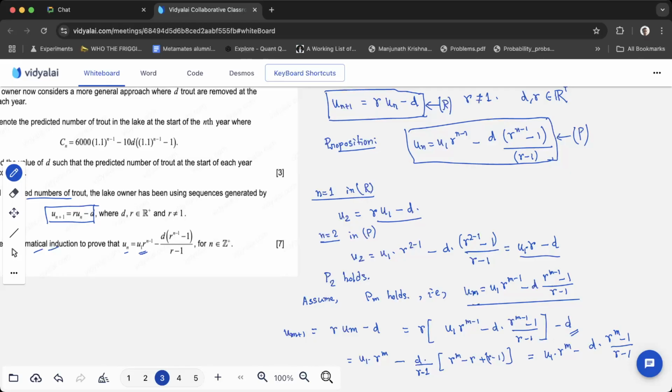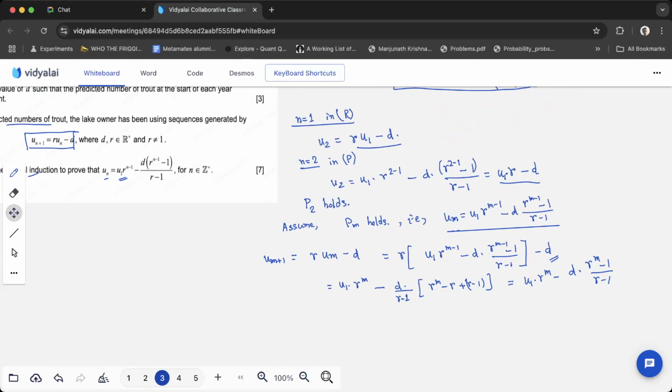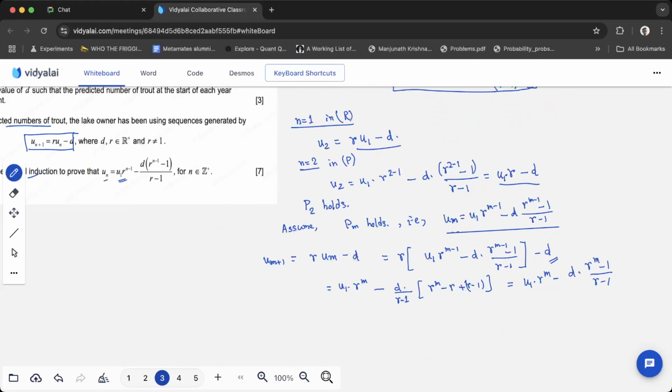Similarly here as well. So the expression we finally end up getting is indeed in the form of, you can just explicitly write it or just deduce it from the expression. It's m plus 1 minus 1 minus d times r to the power m plus 1 minus 1 minus 1 divided by r minus 1. So P of m plus 1 holds as well.